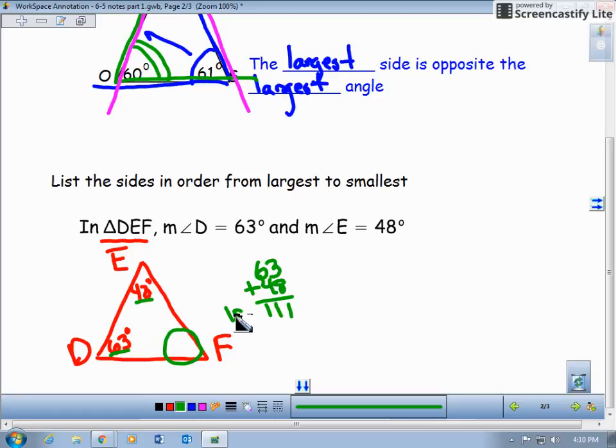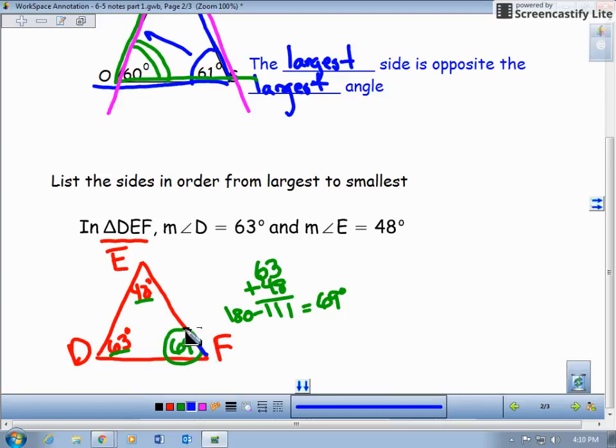We'll subtract that from 180, and so we will get 69 degrees. So angle F is 69 degrees. It's a good thing we found that, because if you thought 63 was the largest angle, you're wrong. 69 is the largest angle here.